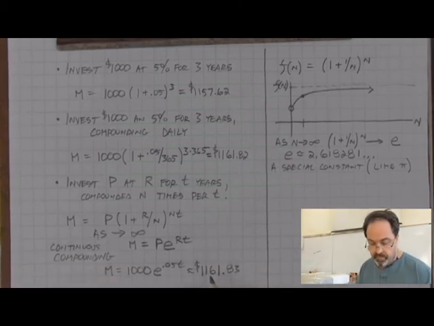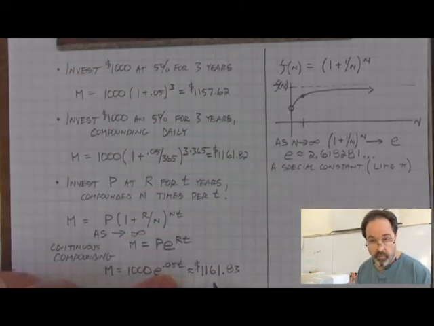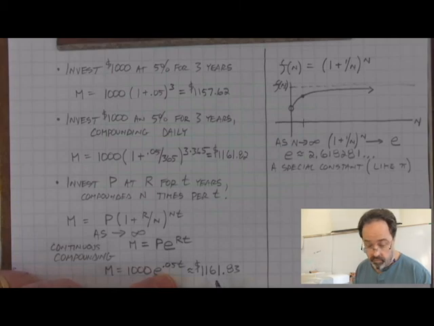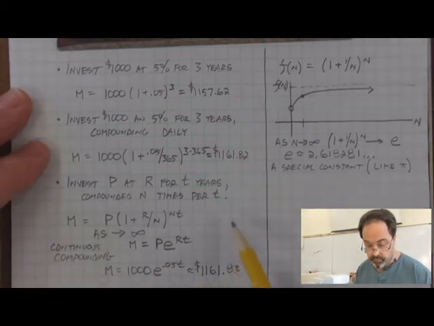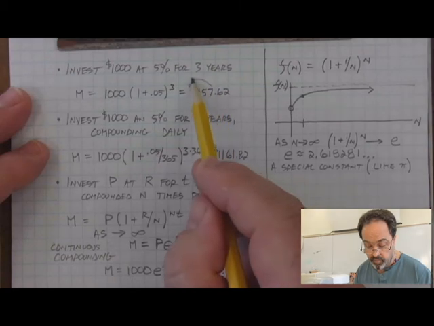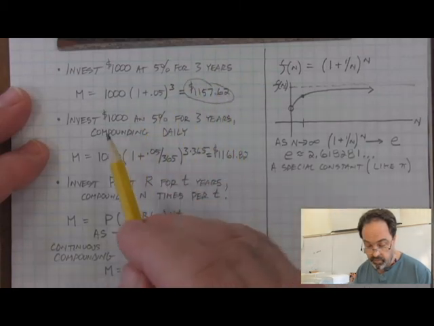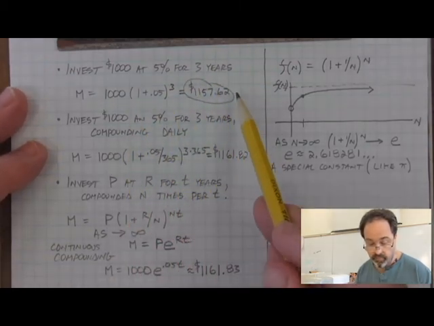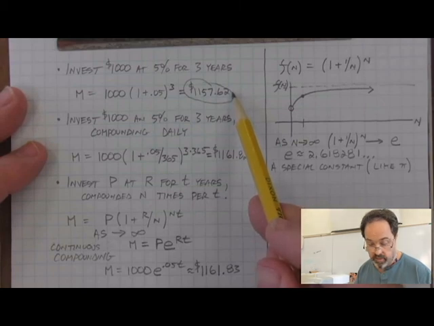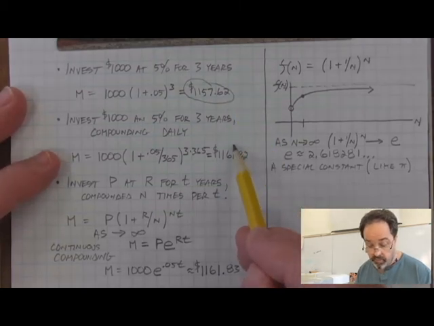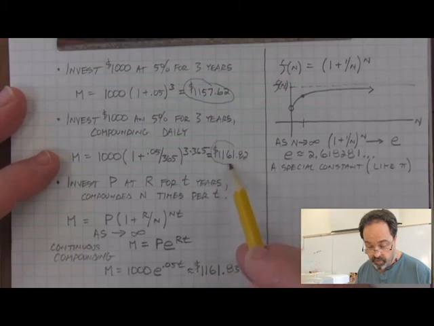Notice that the more you compound, the more money you're going to make, or the more it's going to grow. If you compound once per year, you will have $1,157.62. If you compound 365 times a year, you're going to have a few dollars more.